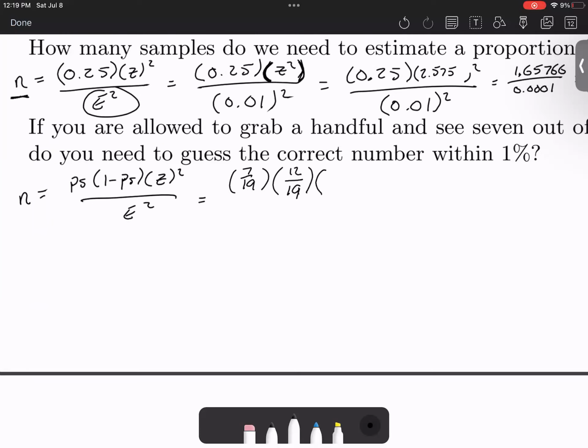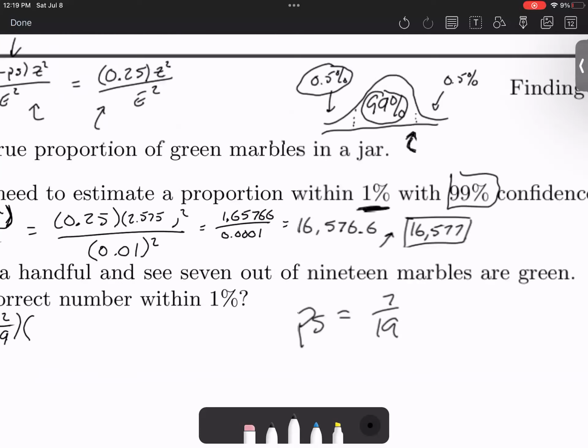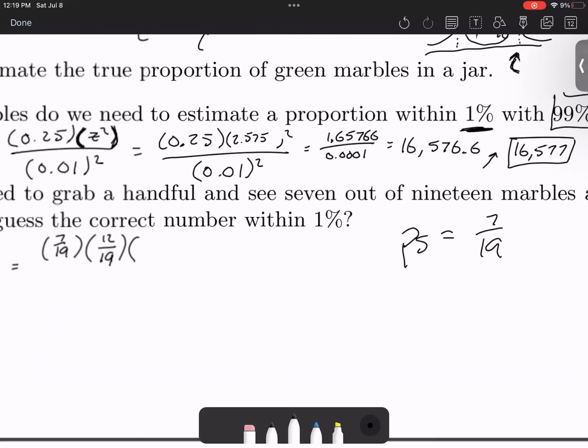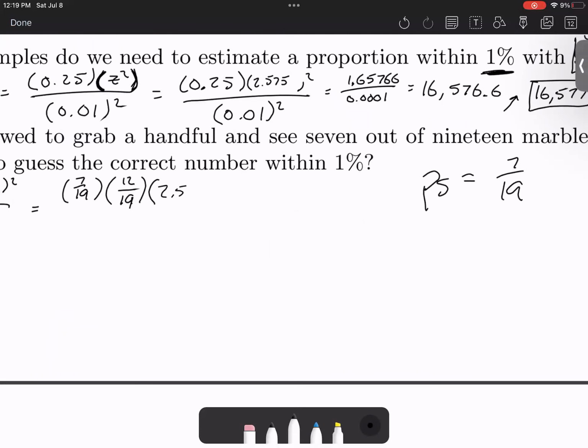The Z value, it's the same Z value because we still want to be 99% sure. So it's the same critical Z value that gives me a 99% confidence interval. That's 2.575. And we're still desiring the same level of confidence. We want to be within 1%.